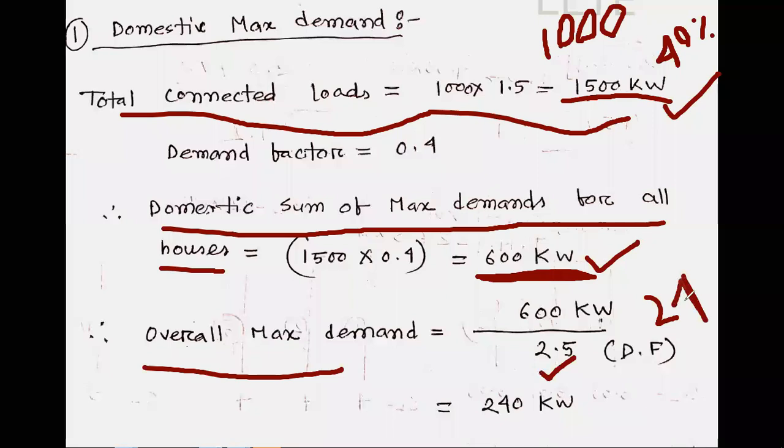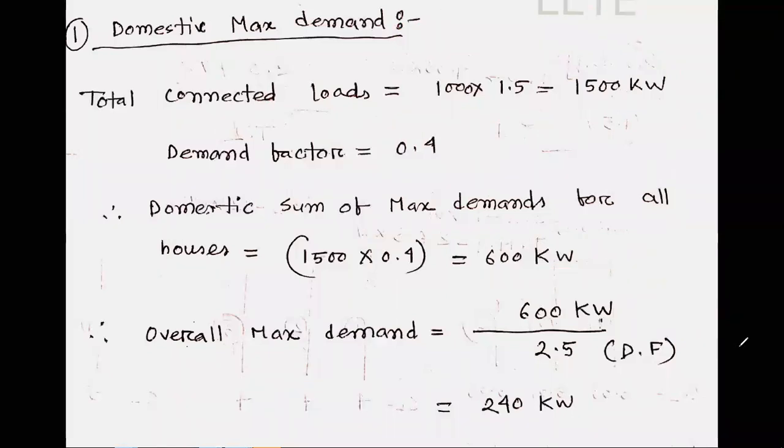So you see that their connected load is 1500, but their maximum use is 600. But at a single time, the maximum demand of the households is only 240 kilowatt. So we got that the domestic maximum demand is 240 kilowatt. Okay, we got that for the first value.